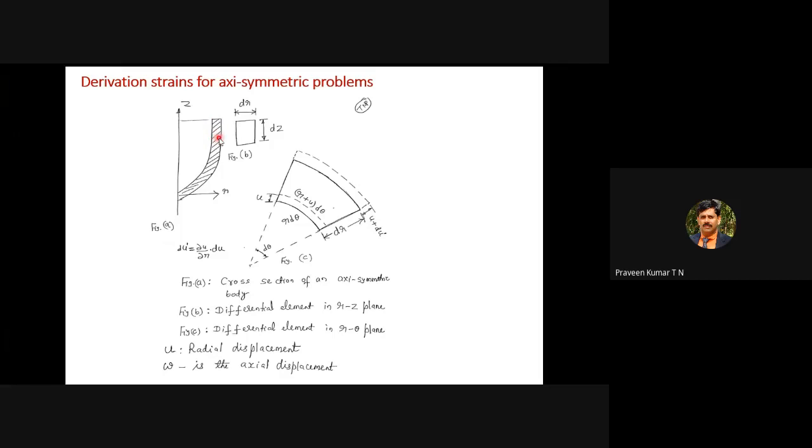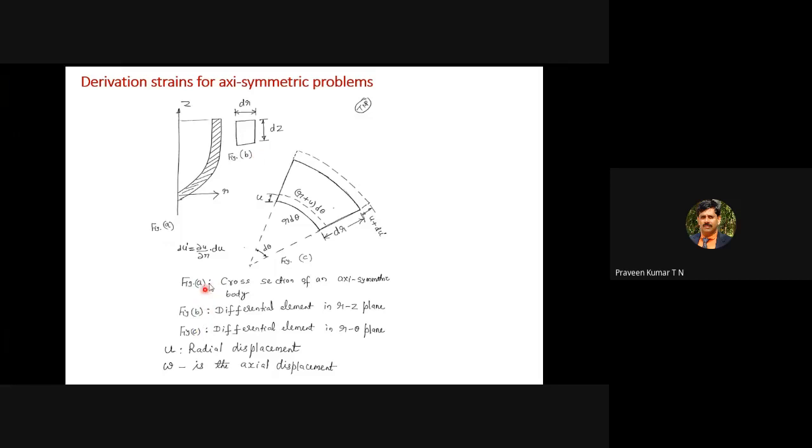If you consider a small strip here, the dimension along the radial direction is given by dr, and the dimension along the z direction is given by dz. Imagine you are taking one small brick out of this tower. In the radial direction its thickness is dr, and in the z direction its thickness is dz.